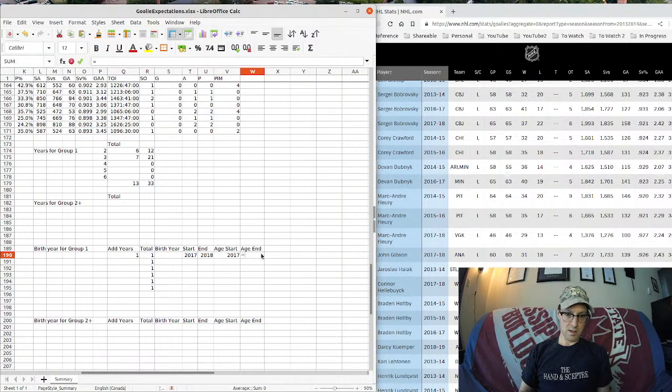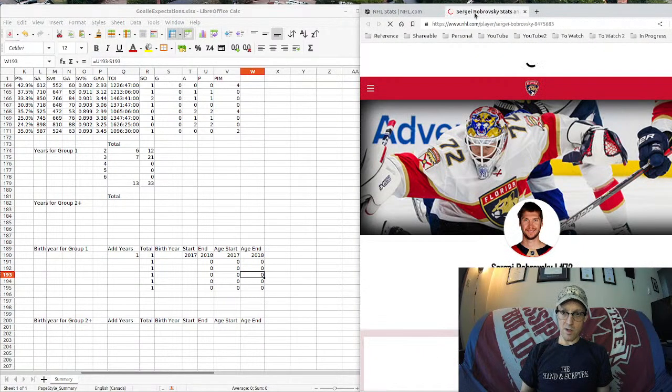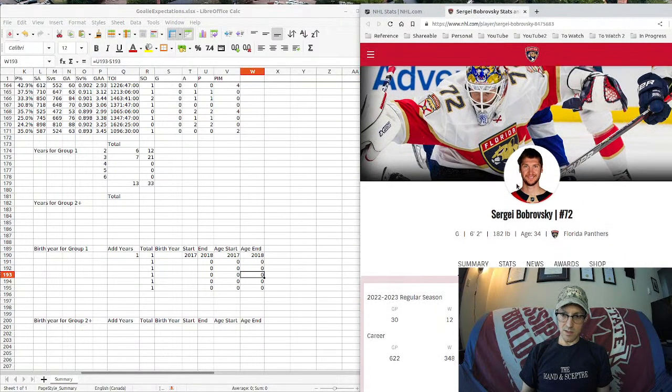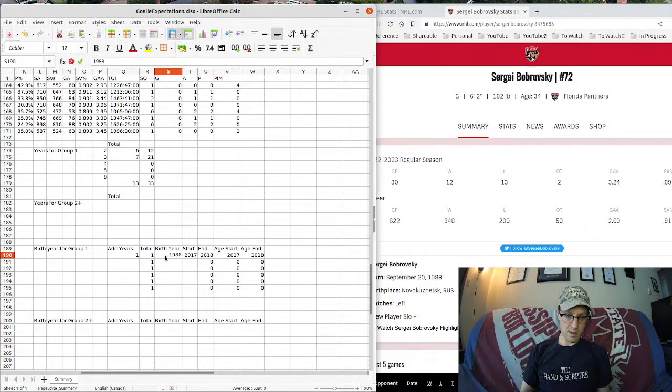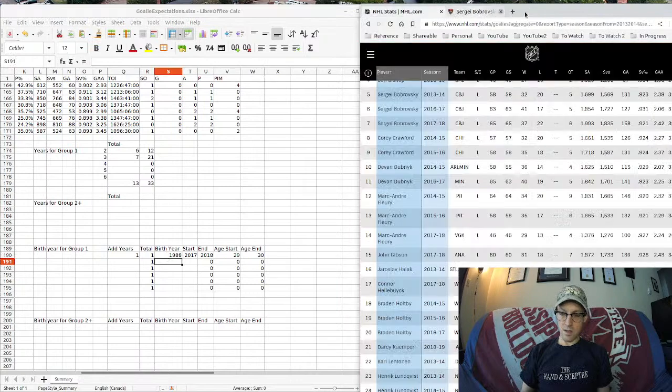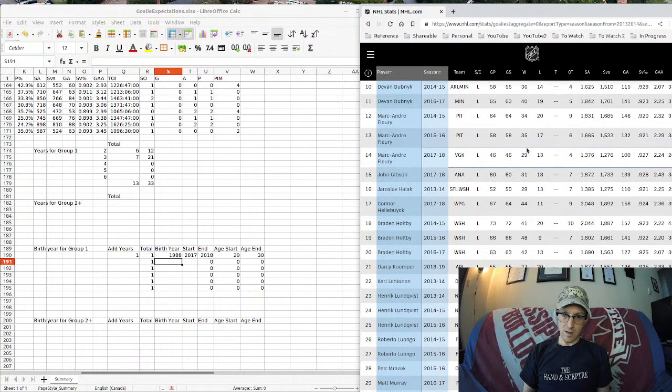And age end equals that minus that. Cool. Bobrovsky was born in 88. Oops.